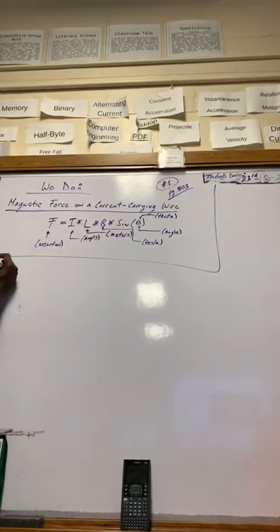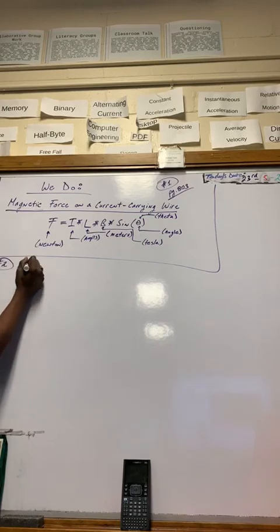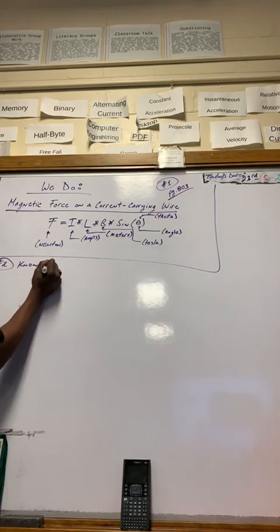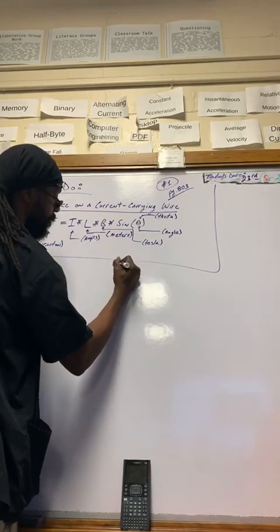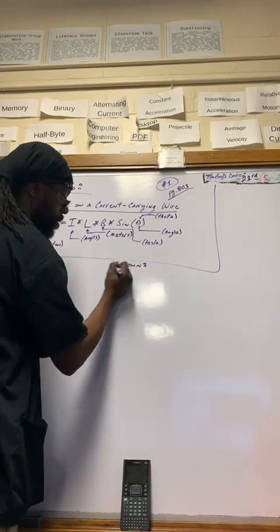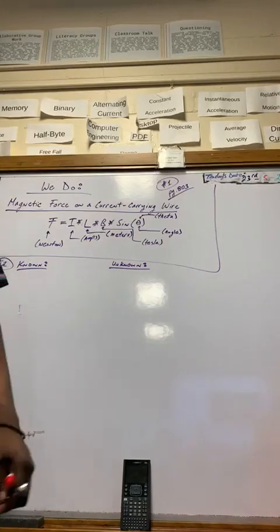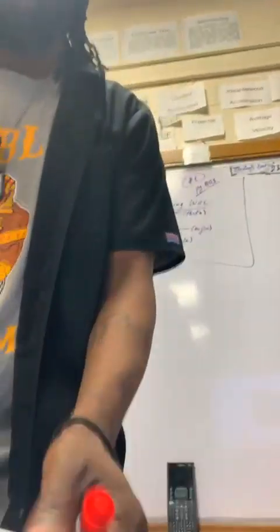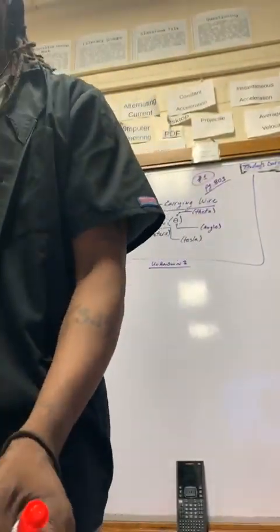All right, number 2. What are the known and unknown values, right? I got me a copy right here.